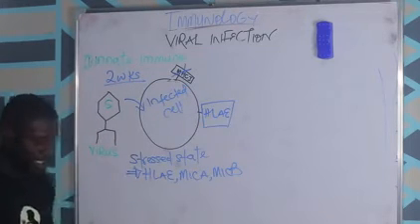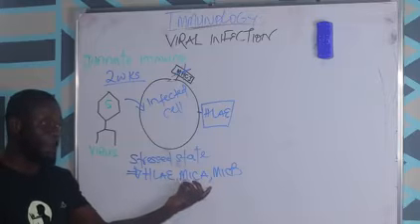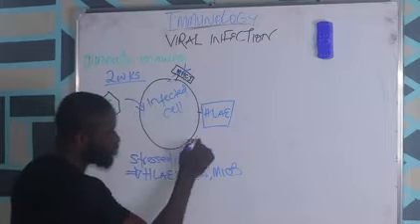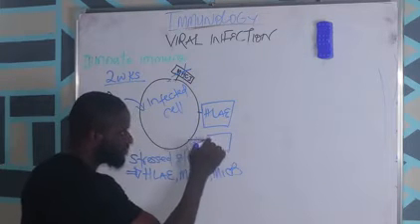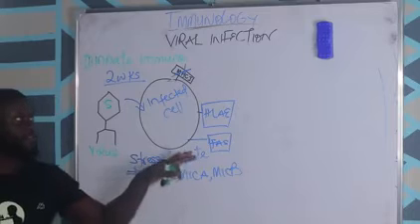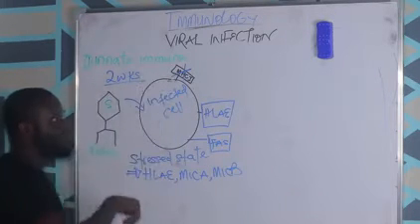I'm just going to use HLA to represent the stress receptor, or you can equally use MIC-A or MIC-B. On the body of the infected cells, we also have FAS.